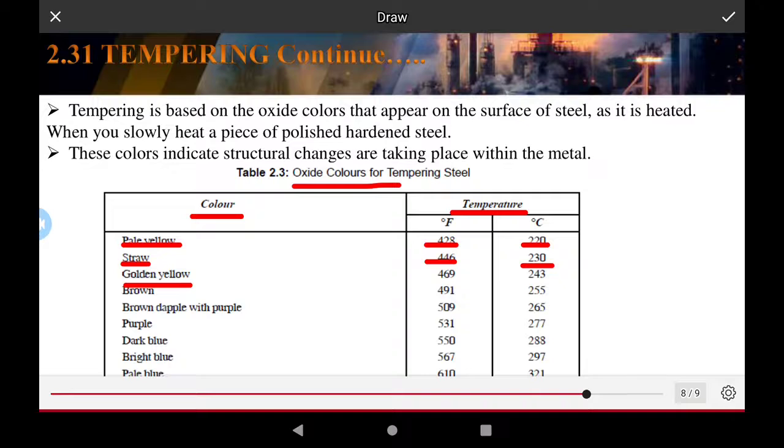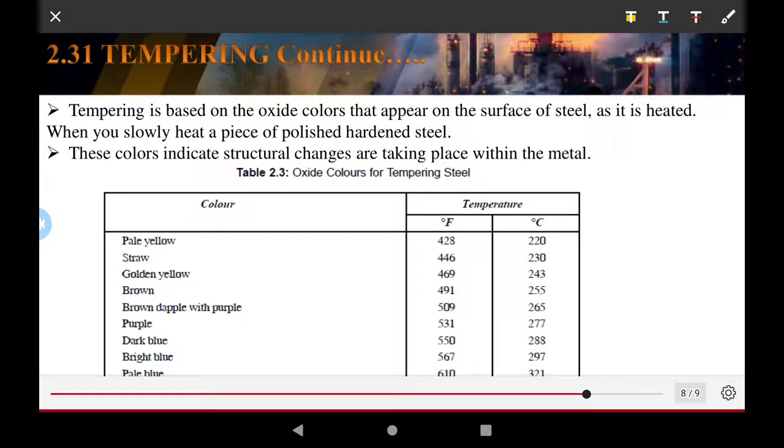Golden yellow at 469 Fahrenheit and 243 degrees Celsius. Brown at 491 Fahrenheit and 255 degrees Celsius.